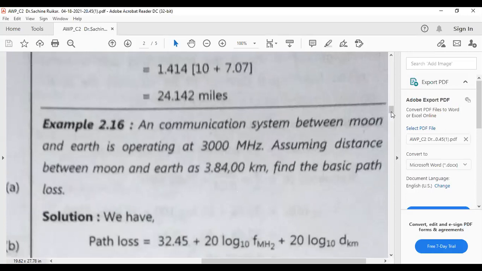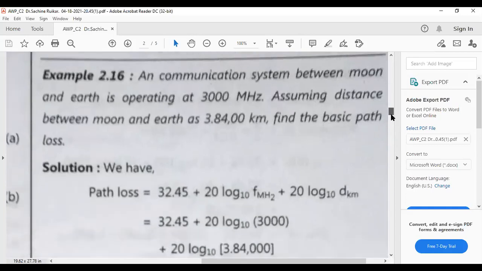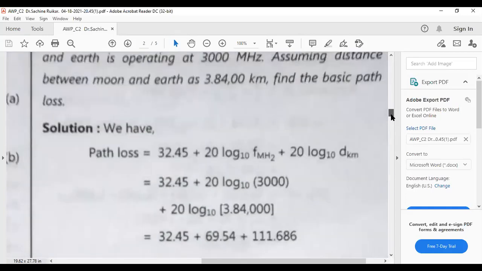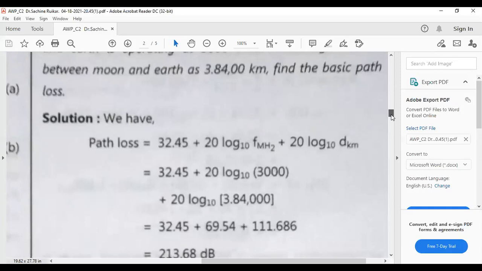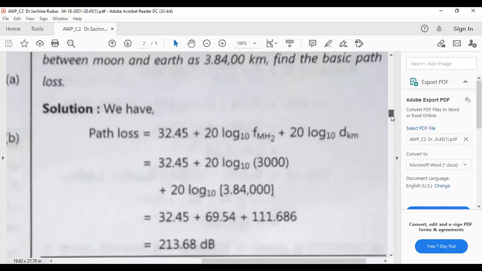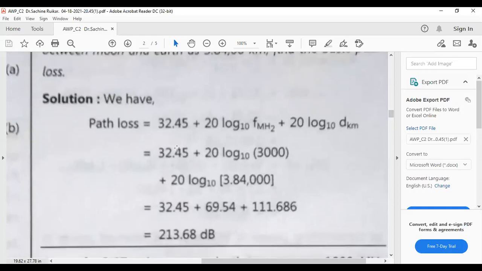Okay, so in this case, see here how we can simplify. The given parameters are the frequency, 3000, and the distance, 3.84 thousand. Just substitute: 32.45 plus 20 log10 of the frequency, 3000, and 20 log of the distance, 3.84 thousand.